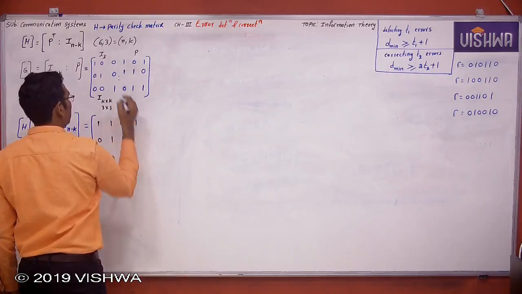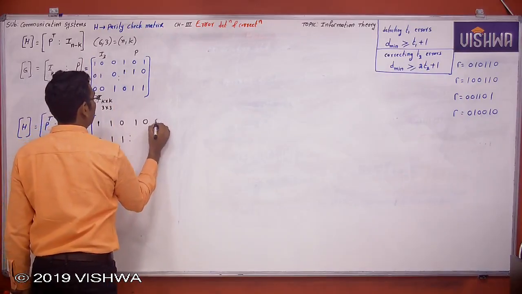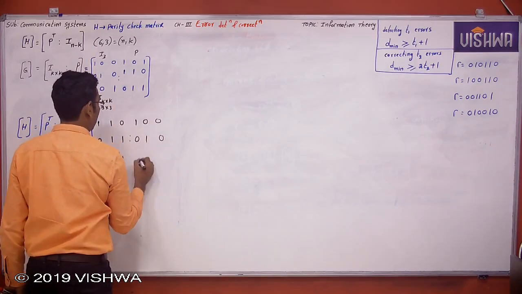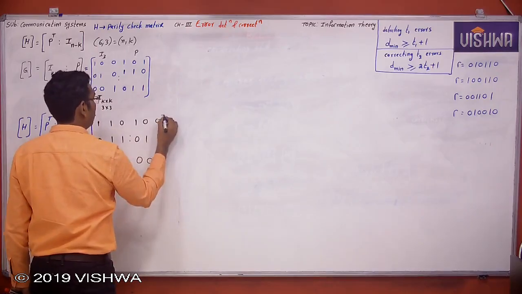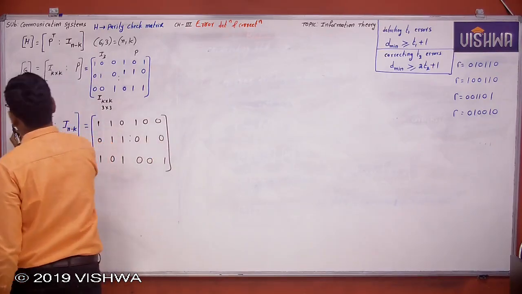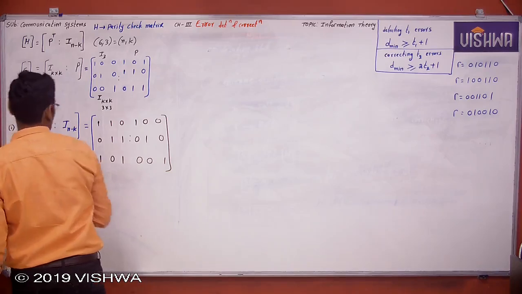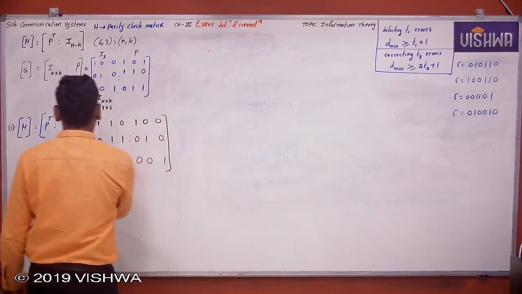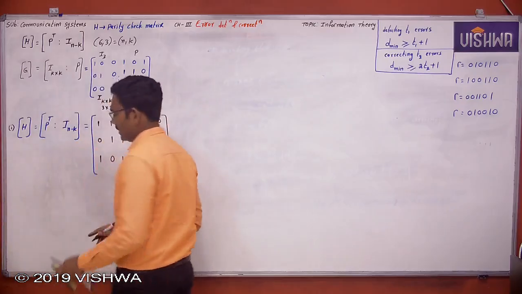N minus k is 6 minus 3, which is 3: 1, 0, 0, 0, 1, 0, 0, 0, 1. This is the parity check matrix, question number 1. The first part is the parity transpose, and the second part is the identity matrix.